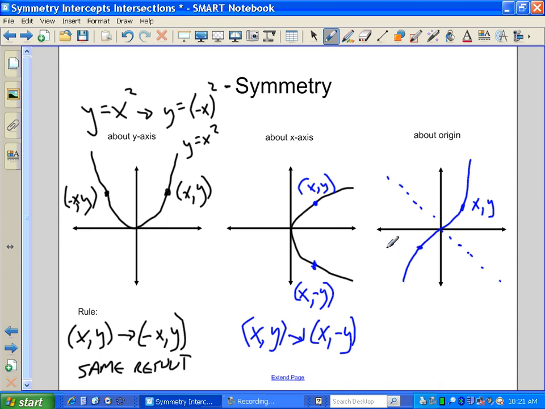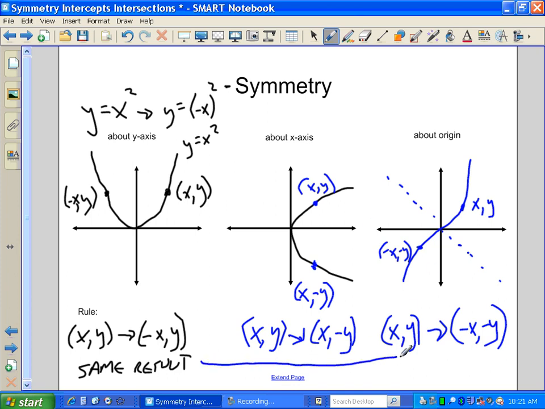And in this case, I have the point negative x, negative y. So in terms of the rule, I replace my x and my y with negative x and negative y. And if I get the same result back, starting back with the original equation after I do a little math manipulation, then I know I have that symmetry.